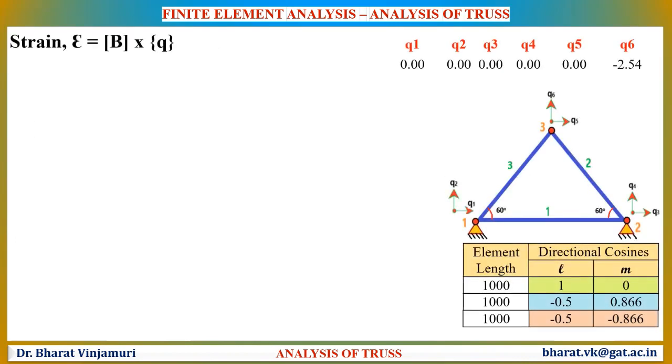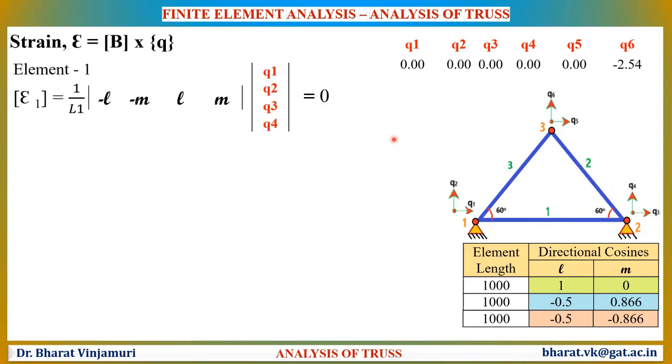The strain can be determined by multiplying the strain displacement matrix with the value Q, nothing but the displacement vector. There will be 3 strains which correspond to each element. For element number 1, the strain is given by the following equation: 1 by L multiplied by the directional cosines multiplied by the displacement vector that corresponds to element number 1.